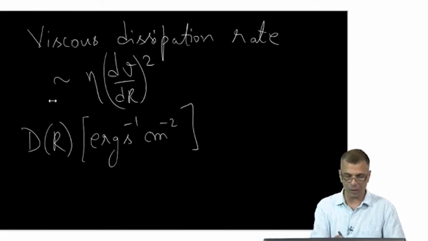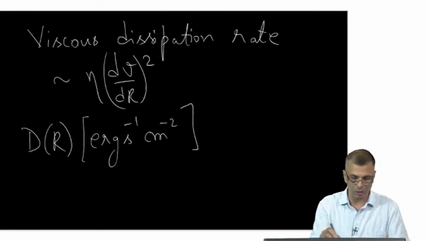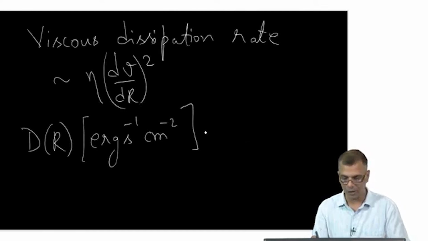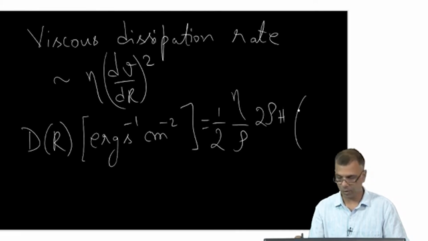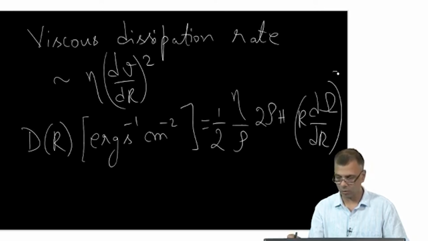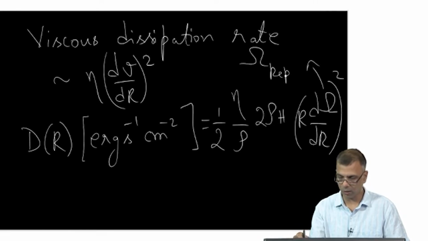So this would be given by using an expression that's very analogous to this. This would be 1/2 eta over rho, 2 rho h, r d omega dr quantity squared, and this omega is essentially omega Keplerian.